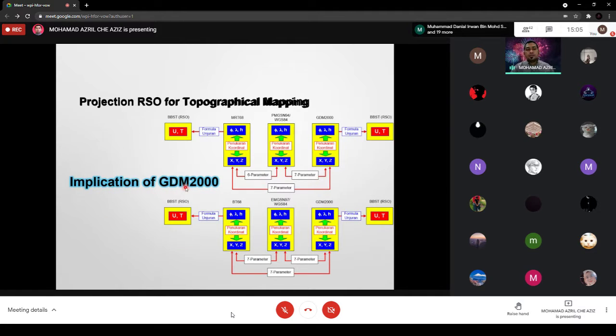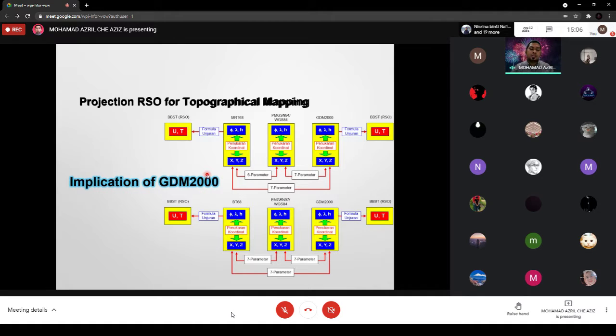Next, projection RSO for topographical mapping. When I talk about topographical mapping, this relates to engineering work. You have an engineering subject this semester, so you will apply it when you want to map the data.